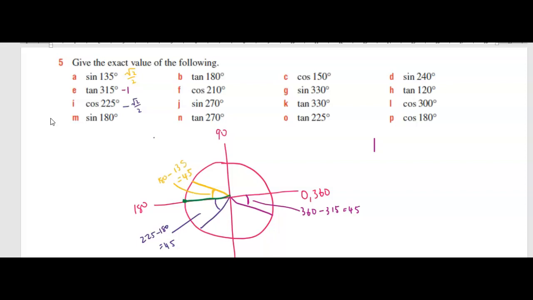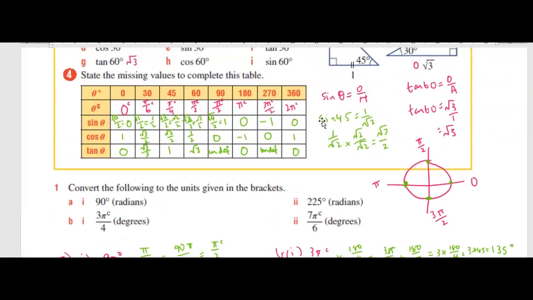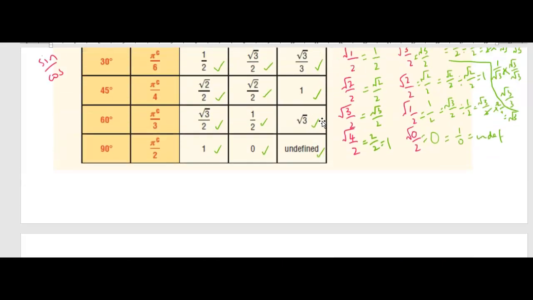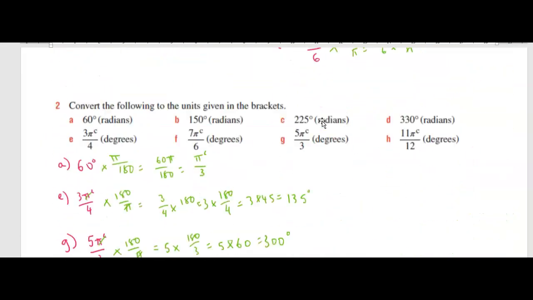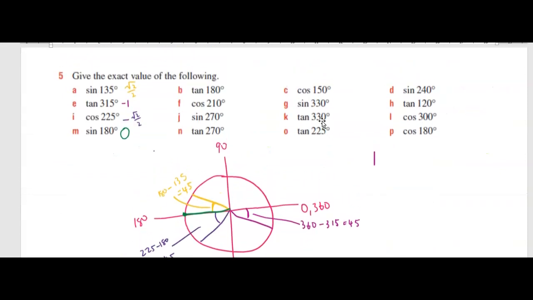So sine of 180 is actually 0. If you ever need to, you can go back to your tables that we filled in earlier, in the building understanding, or even in your key ideas. Okay, so we filled in that table quite a few times to do these questions.